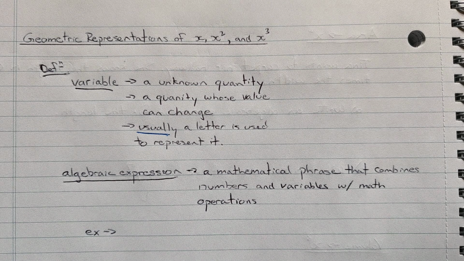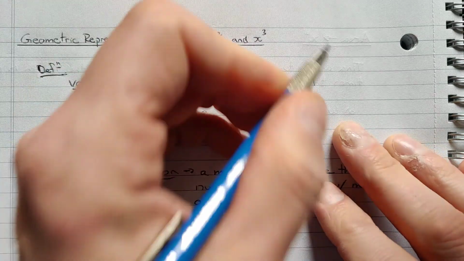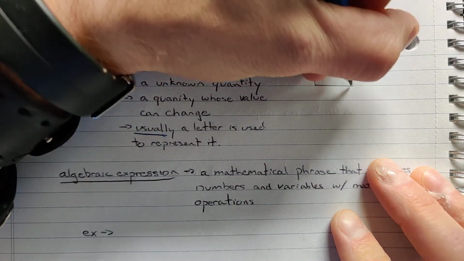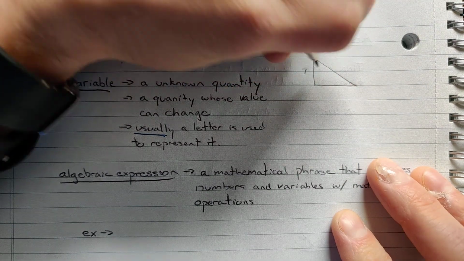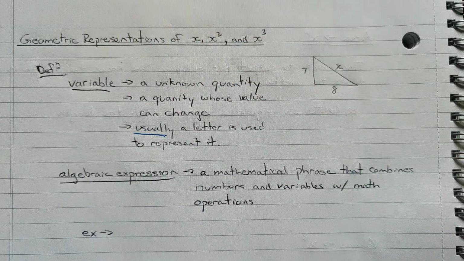So to go through some definitions, we have the term variable. If you're familiar with programming at all, it's the same kind of concept. A variable is just a placeholder for a value. It's an unknown quantity. It could be, and we've used it in an example here, if I have a right angle triangle and we have a 7, 8, and then x.